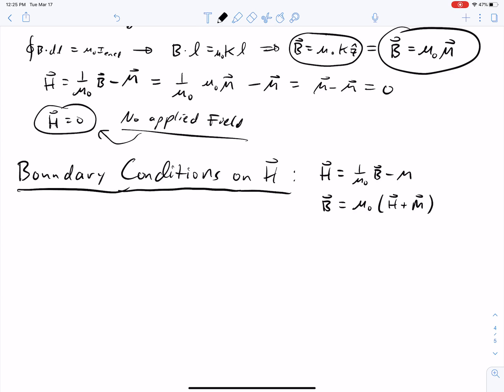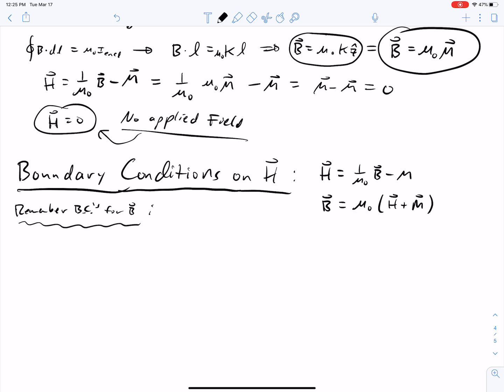But let's just remember the boundary conditions for B, and then we're going to find the ones for H just like we did before.